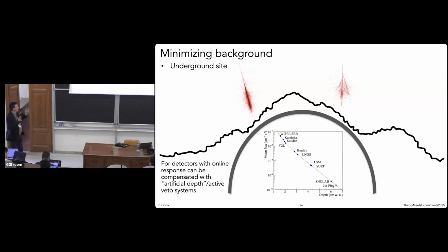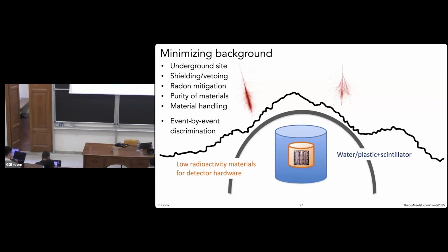This is what people sometimes call artificial depth. So you increase the shielding around the detector to reject more background than what your mountain or your mine is capable of rejecting. So it's true that being in a deeper lab helps, but there are ways to help, let's say, your fancy Italian lab to push sensitivity even deeper.